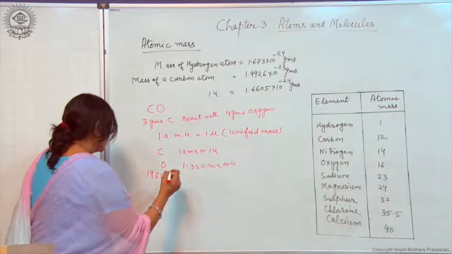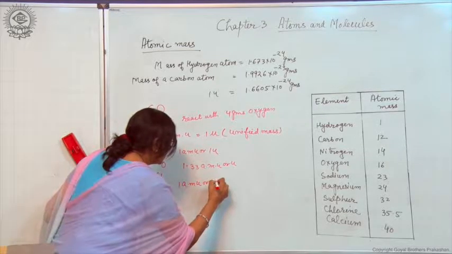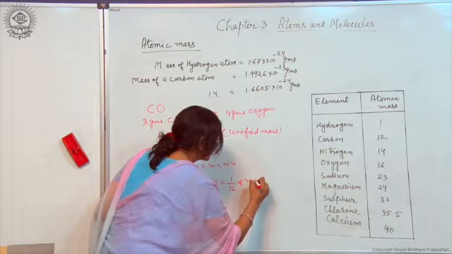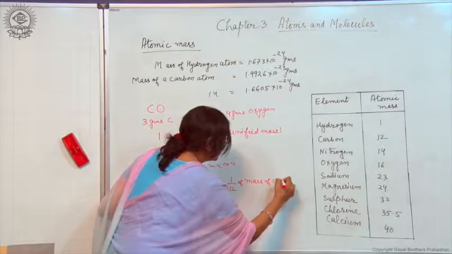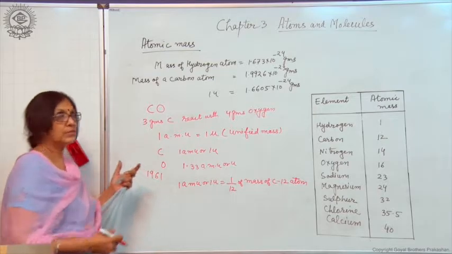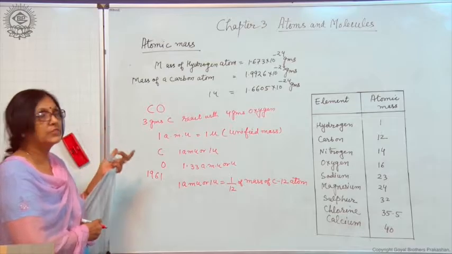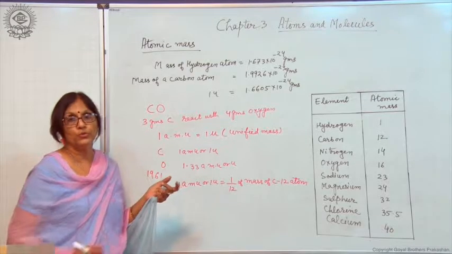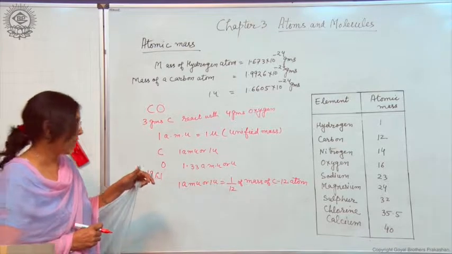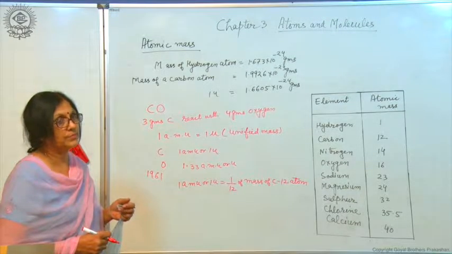So, 1 AMU or 1 u is equal to 1/12 of mass of C-12 atom. So, this is the mass in comparison. When we say the mass of oxygen is 16 AMU or 16 u, it means that oxygen atom is 16 times heavier than 1/12 of mass of C-12 atom.